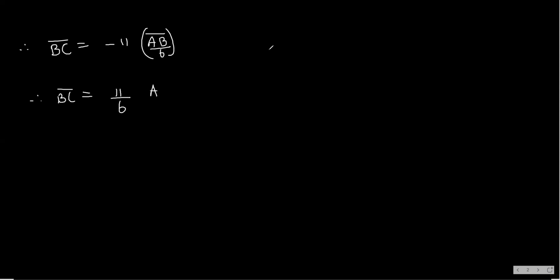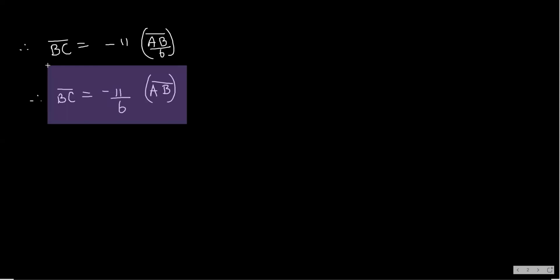Okay, students, now you need to interpret a result from this. What is that interpretation? I would say that BC bar is a scalar multiple of AB bar.